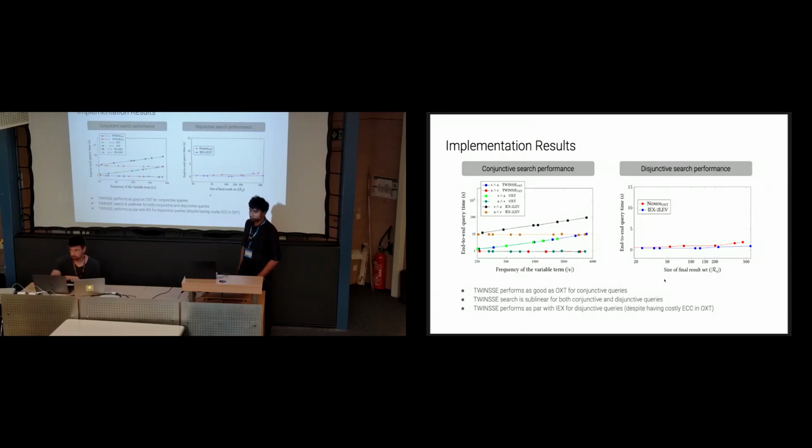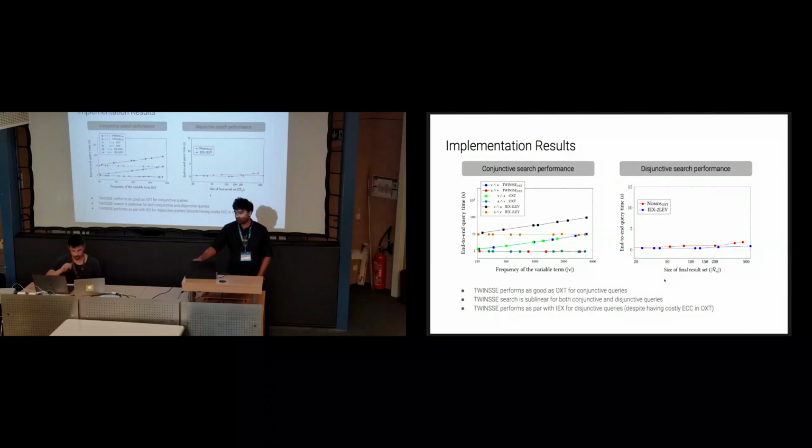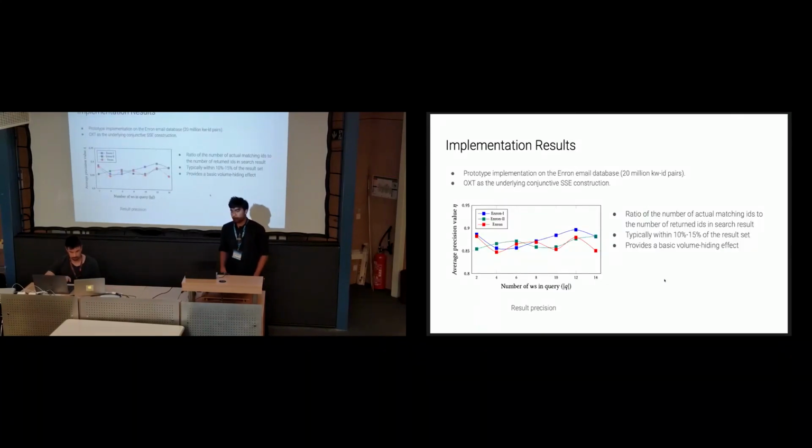In our experiments, it incurred less time than IEX. And for disjunctive queries, it performed almost equal to IEX. The difference is because IEX is a purely symmetric key scheme, whereas we use OXT, which has costly ECC group operations in it. And as I said, there are some spurious IDs present in the returned result, but that is bounded within 10 to 15% of the entire result set.